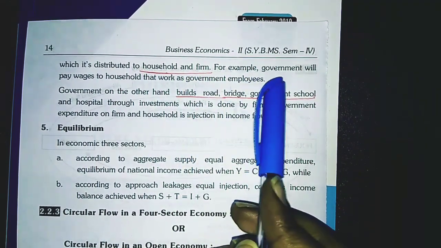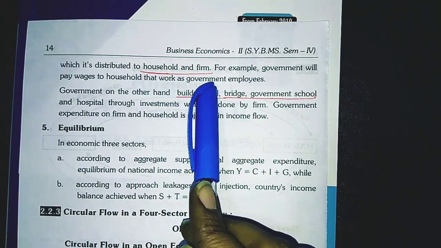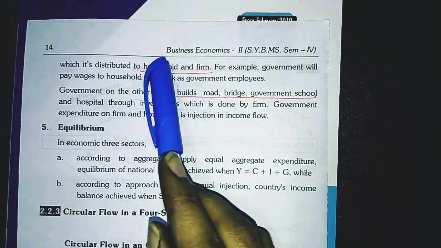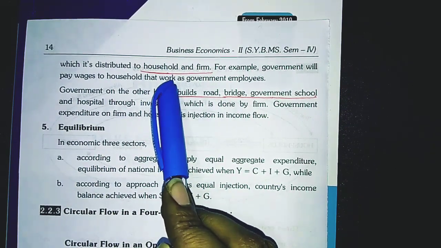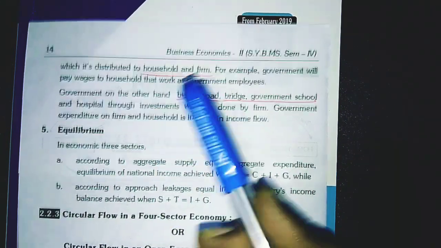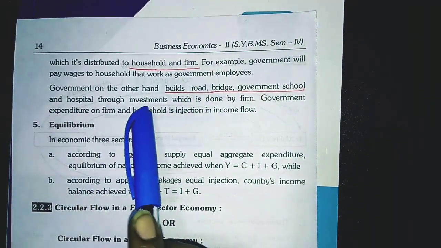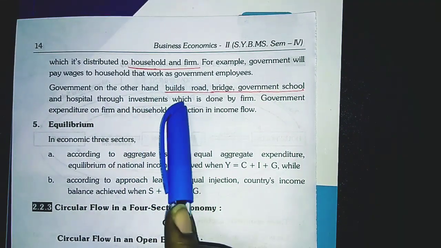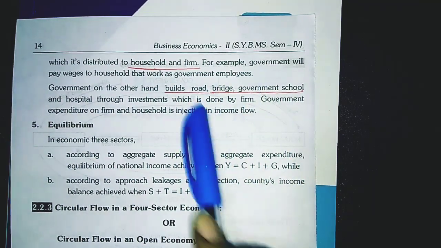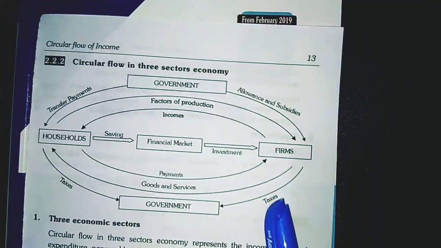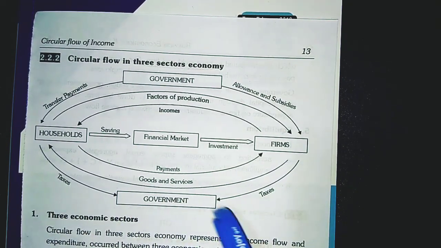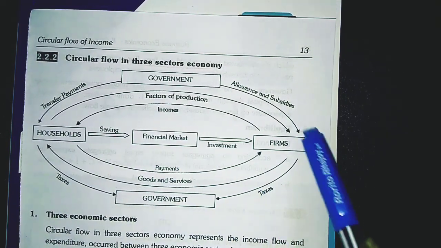For example, if any individual is working in the government sector, they are getting the wages from the government, and how the government is paying them, that is actually money collected from the household and firm in the form of taxes. Now the remaining amount the government is using to build roads, bridges, government hospitals and schools, etc. So here in the diagram you can see that government is collecting the taxes from the household as well as from the firm.